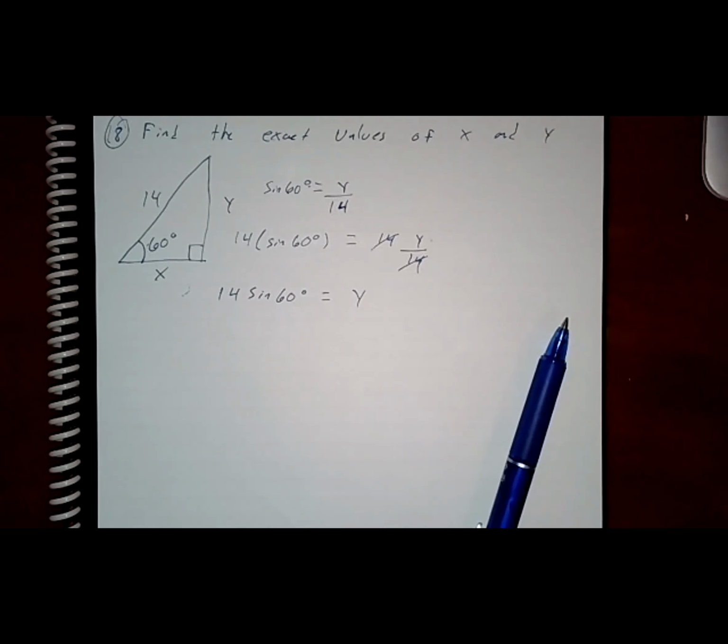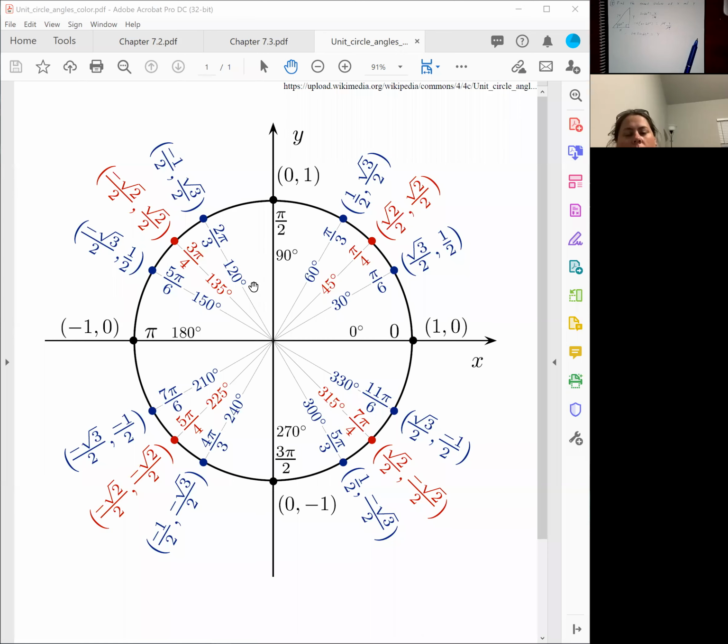Let's see, where's mine? Right, square root 3 over 2 for sine of 60. Yeah, there it is, you're right.